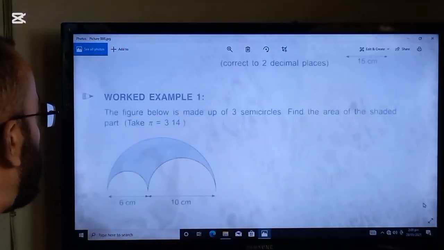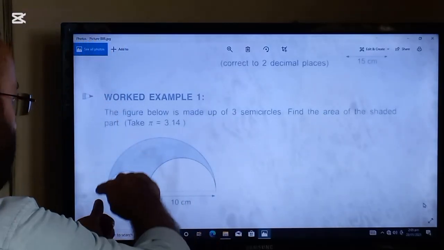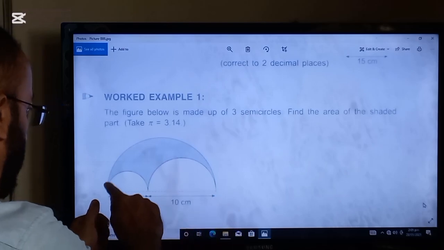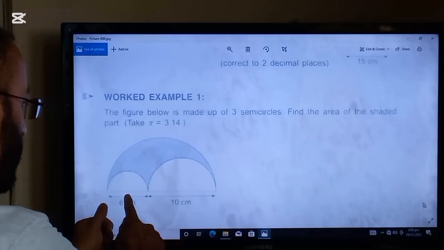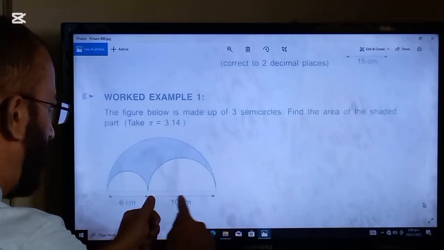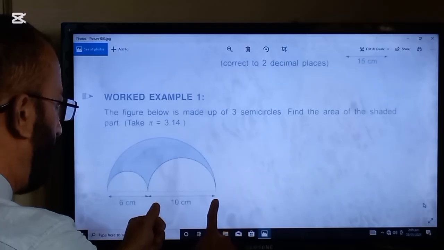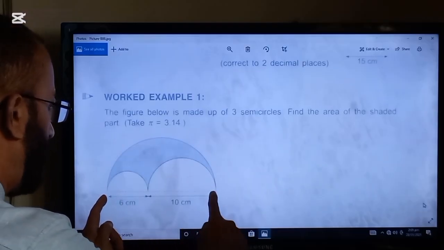Here is another question. The figure below is made up of 3 semicircles. One is the biggest, second is the middle one, this one, and third is the smallest. So the smallest has the diameter of 6, its radius will be 3. The middle one is having diameter of 10, its radius will be 5. And the largest one is having a diameter of 16.